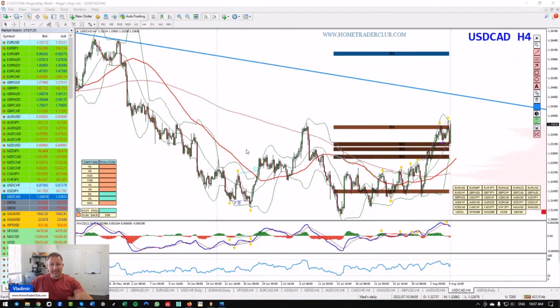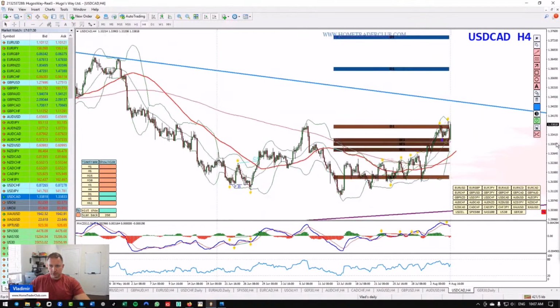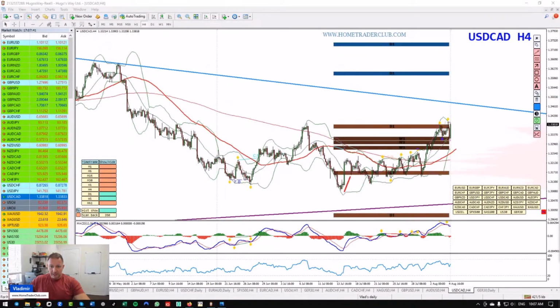Okay, then the second scenario that could happen here with the 4-hour chart, let me just try to explain it this way, is that we gain this momentum. It will go through the resistance line we saw on the daily, okay, then go and rebuild this divergence I was mentioning, retest the broken line, and from there we will see the further rally.